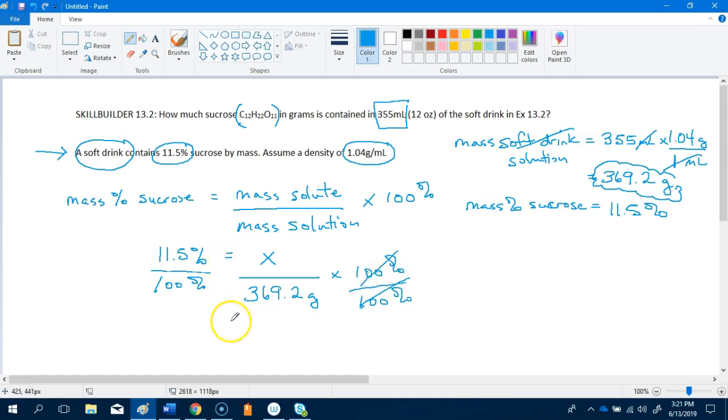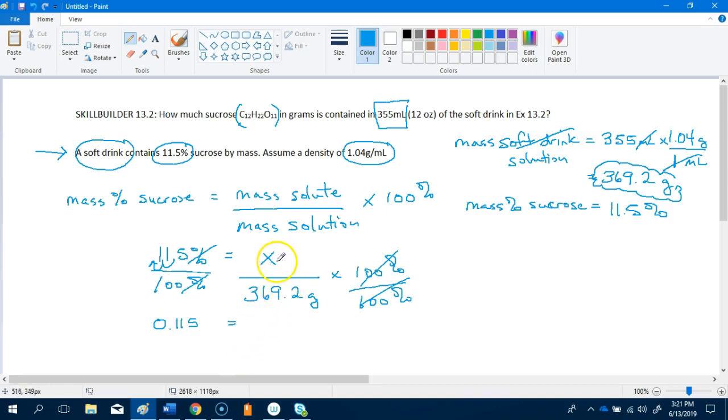That cancels out, and 11.5 divided by 100 is the same as moving my decimal over 2 places, so 0.115. If you're not comfortable moving the decimal place, you could divide by 100 on your calculator and it will give you the same answer. And my percents cancel out, so this is just a regular number, 0.115, a decimal.